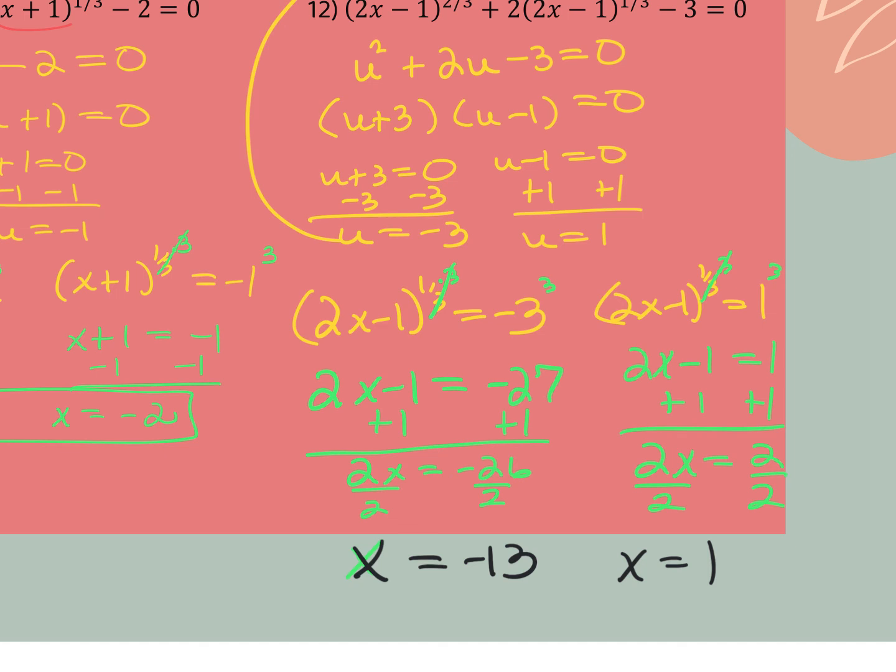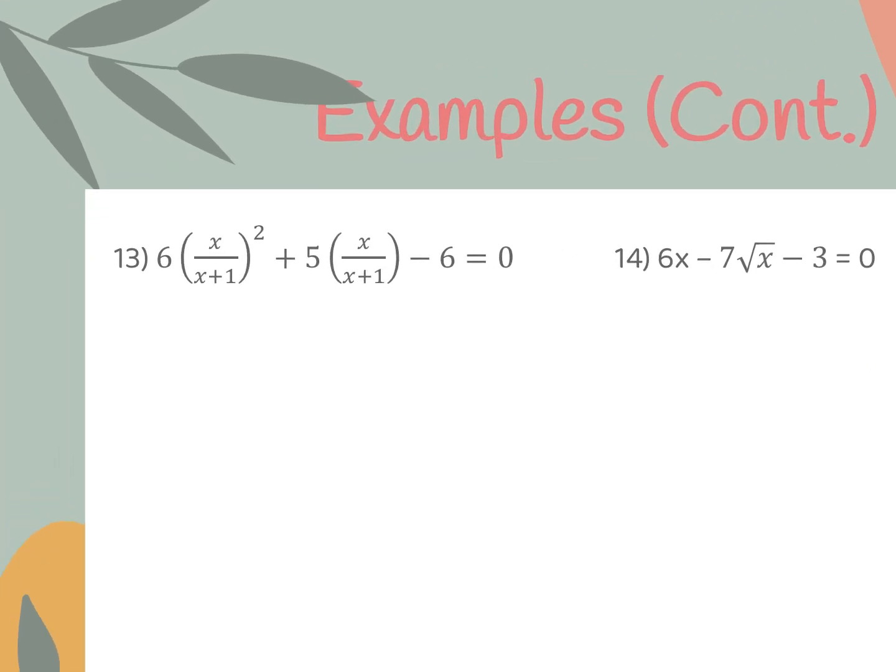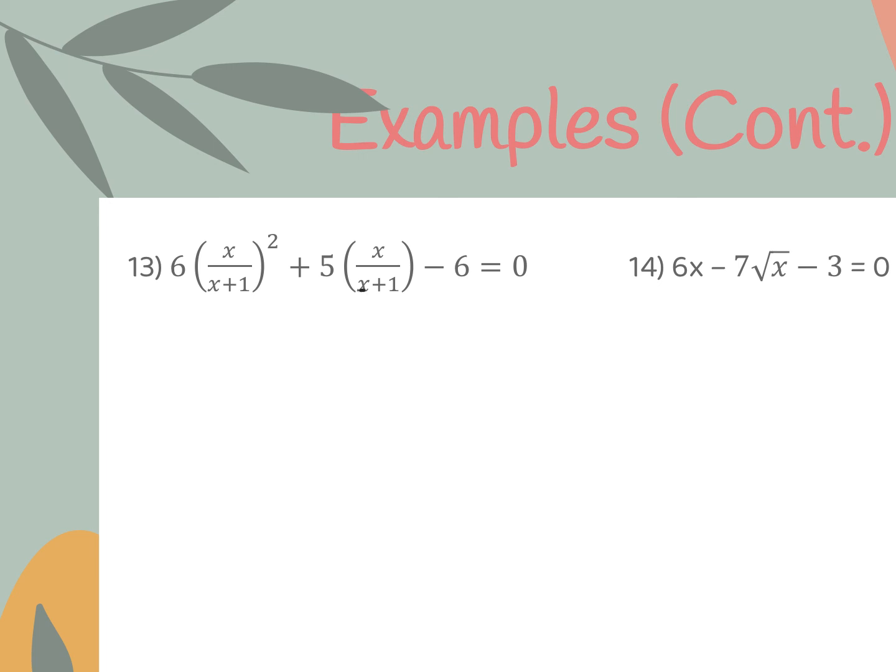All right, now for the next one, our u value is going to be a fraction. I definitely don't want to have to try to factor a fraction. Last two examples. So again, we're going to set u equal to this middle term. So this thing right here.